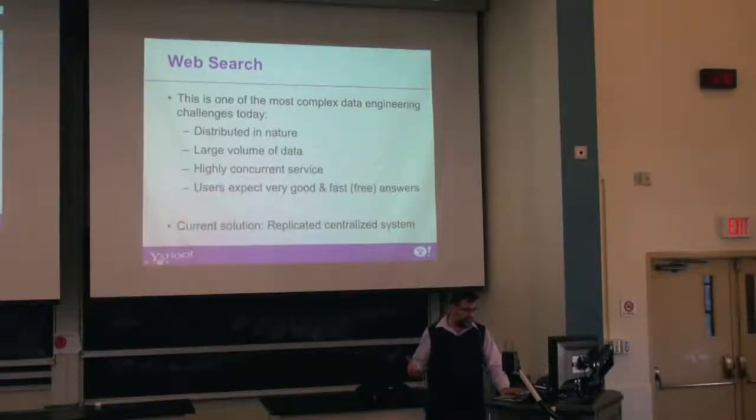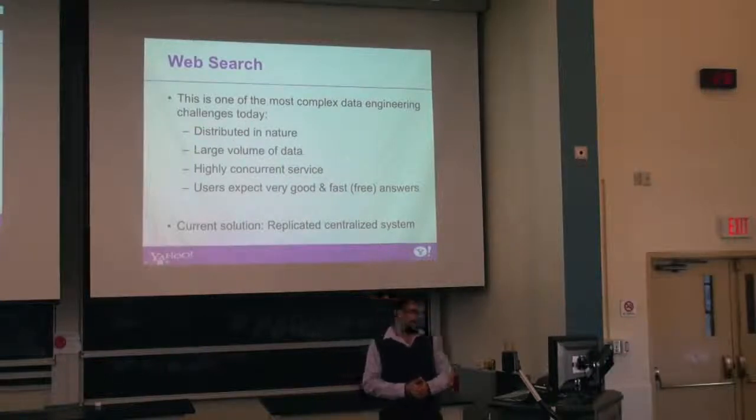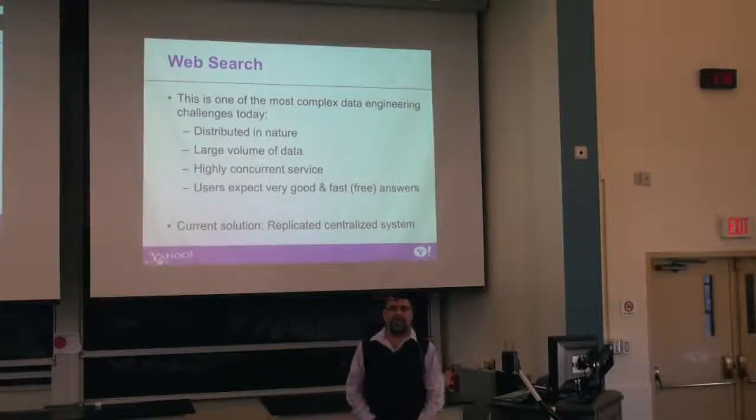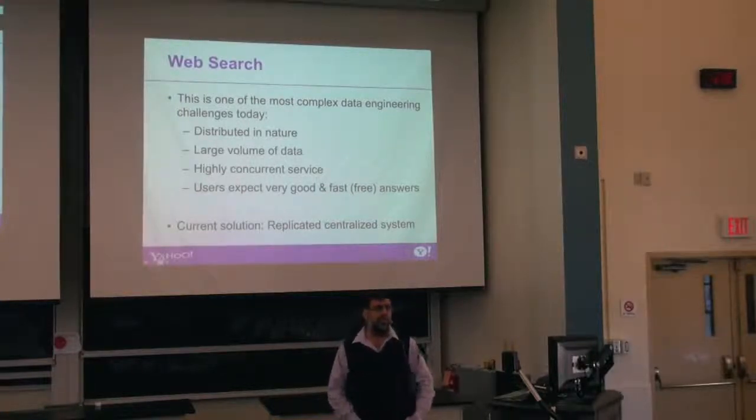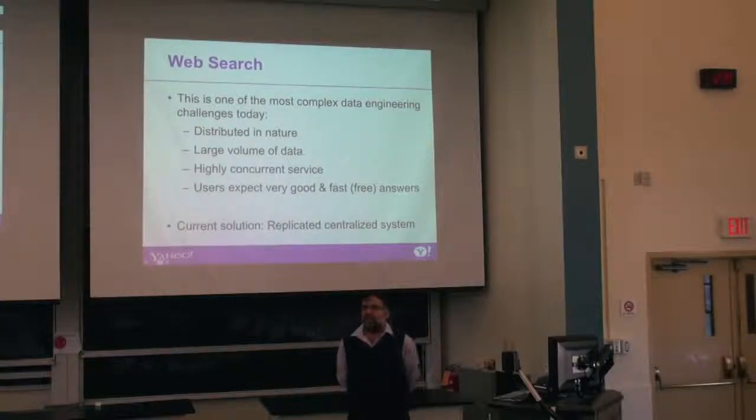So that's the problem. And really, web search is one of the most complex data engineering problems today, for many reasons. Here are the main ones. Distributed in nature, that's part of the web. We cannot change that, that's good. The web content is distributed in many servers, more than 200 million servers. Large volume of data, that will be a different topic, but in fact, you can generate infinitely many dynamic pages, so you can crawl forever if you want.